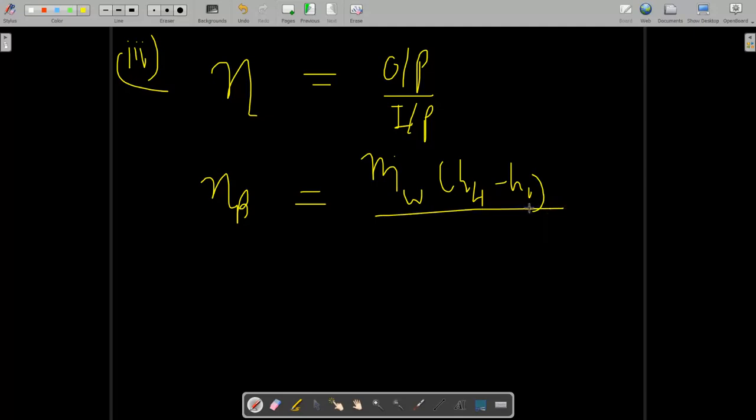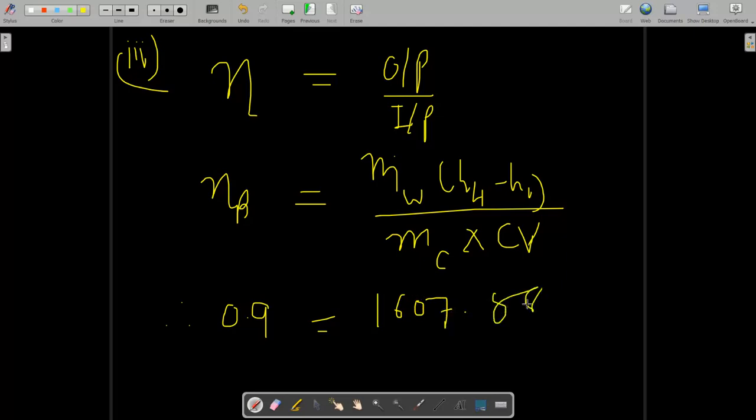So the steam is the output, and what is the input? Mass of coal times calorific value, how much coal is burned, and how much energy we have by burning coal. The boiler efficiency is given as 0.9 or 90%, and the total heat we have already found is 1607.88 upon the mass of coal.